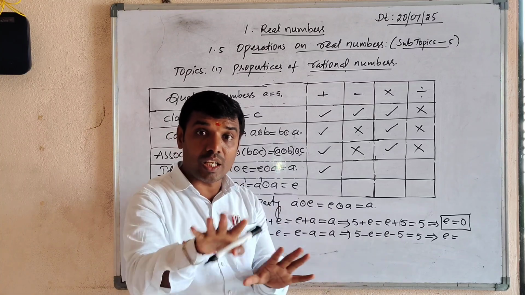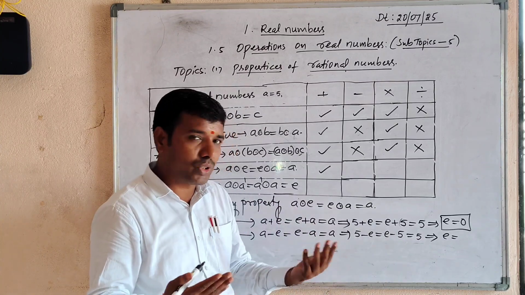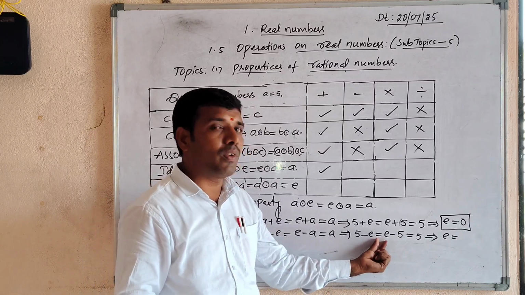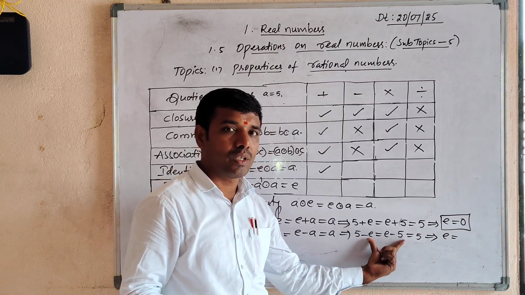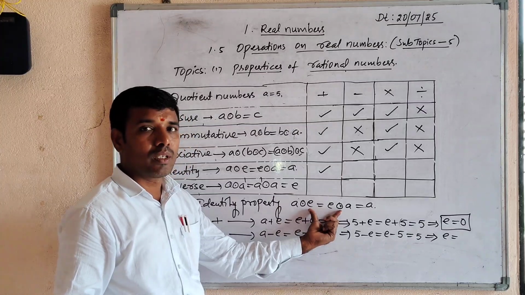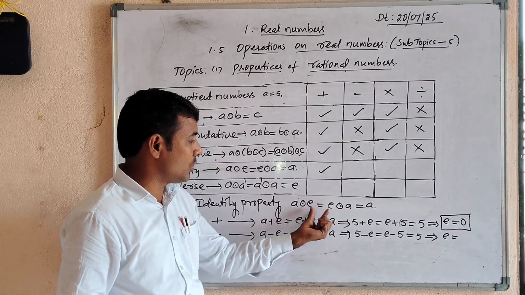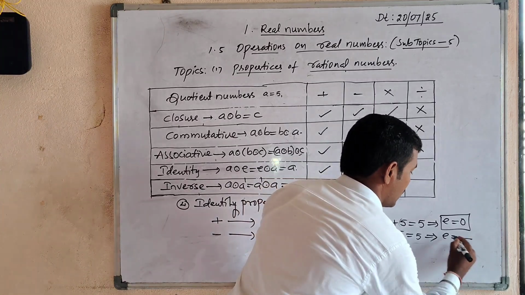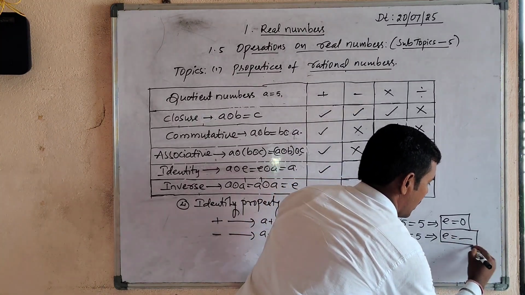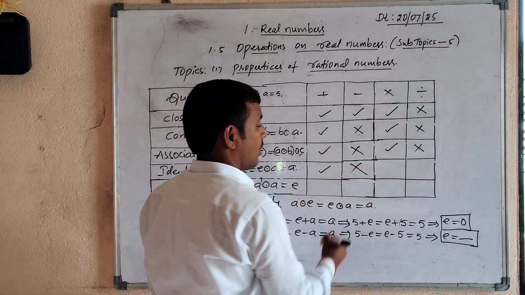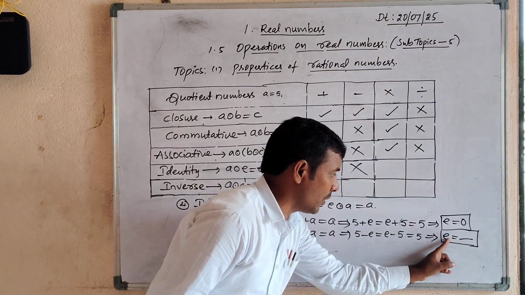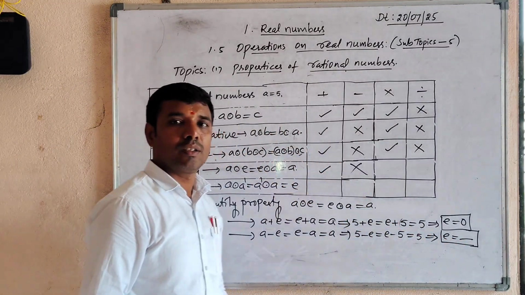But we have to find the E value. But there is no chance. We never find the E value to satisfy this one. Under minus concept, there is no E value. So we cannot fill this one. We cannot fill under minus concept. That's why wrong. Because simple reason, we are unable to find the value of E.